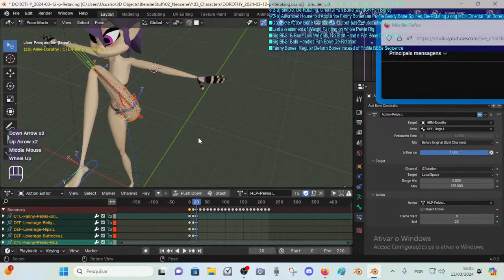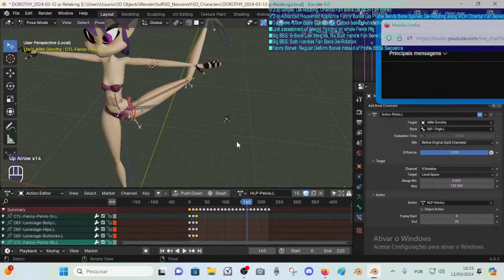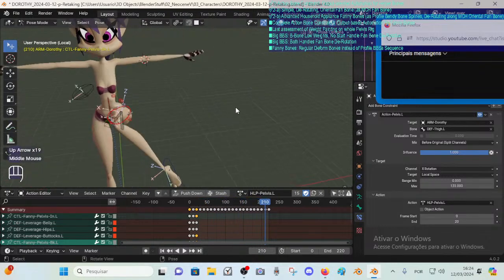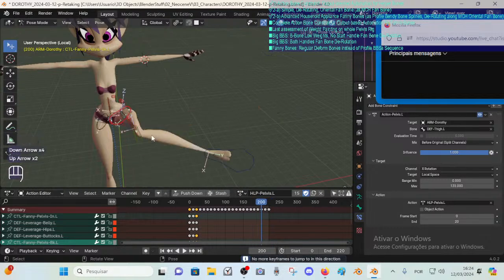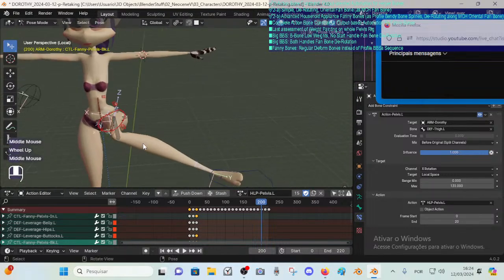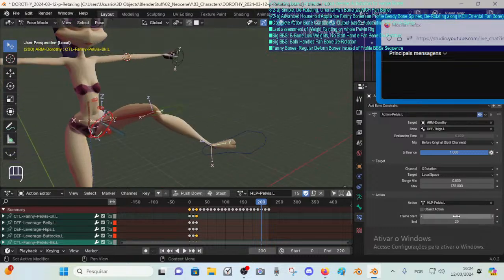But what about this? The leg doesn't come from the T-pose. So why would that make sense for the action bone constraint?